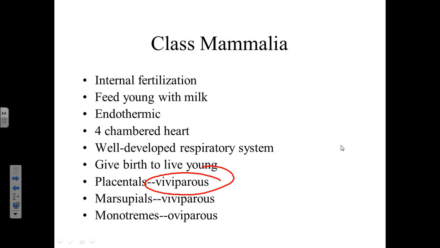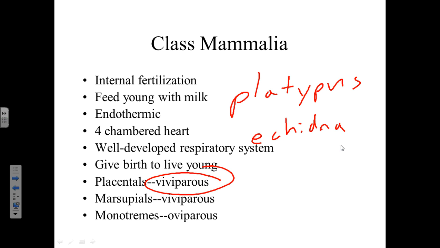What are the two examples of monotremes? The platypus, which is a cool, weird animal. And, anybody know the other one? A little thing called the echidna. Oh, yeah. It's a little anteater, spiny anteater. Both of which live where? Australia.